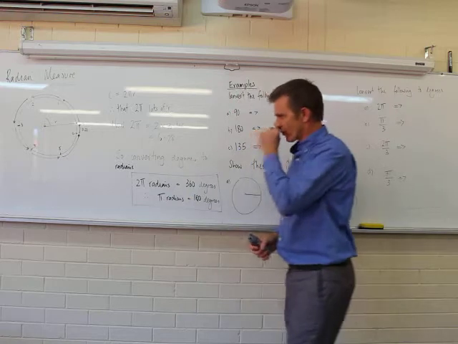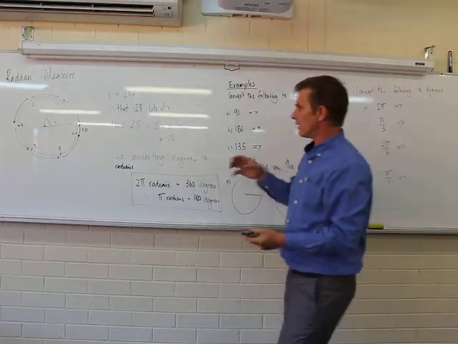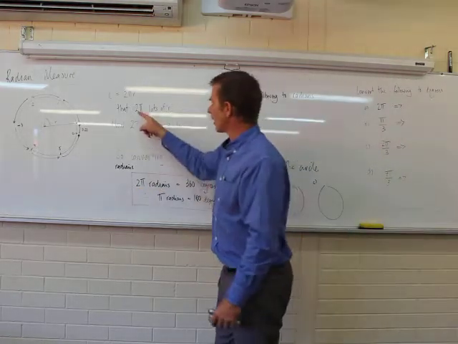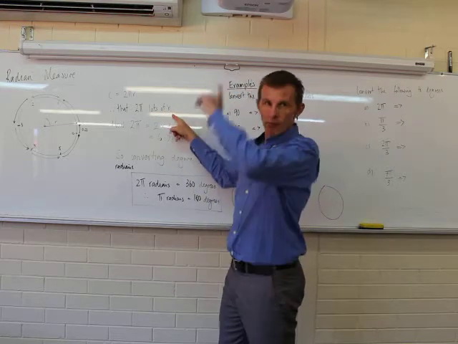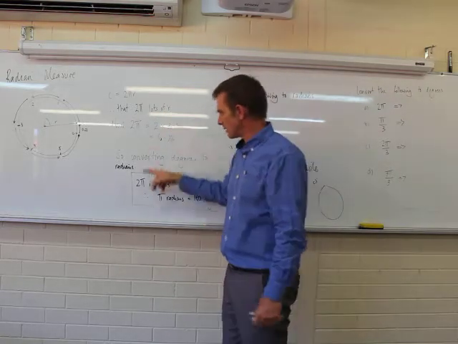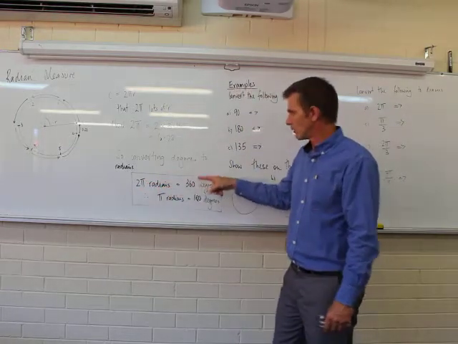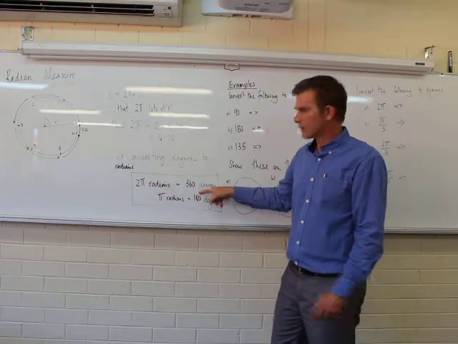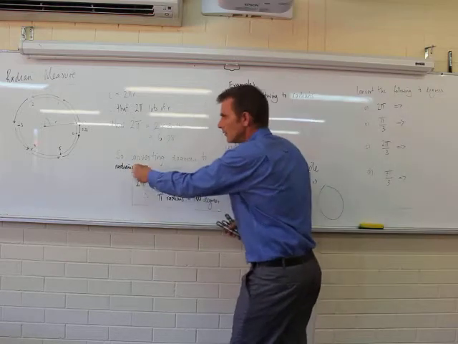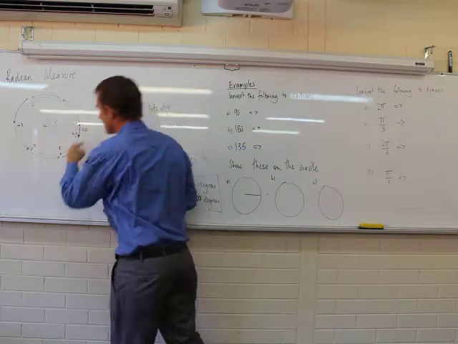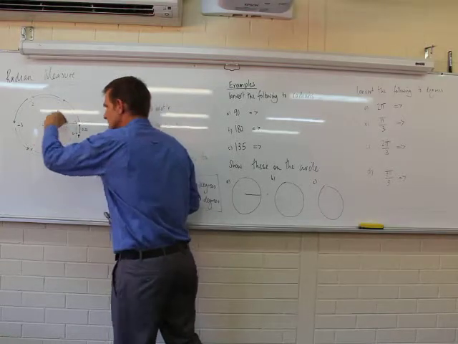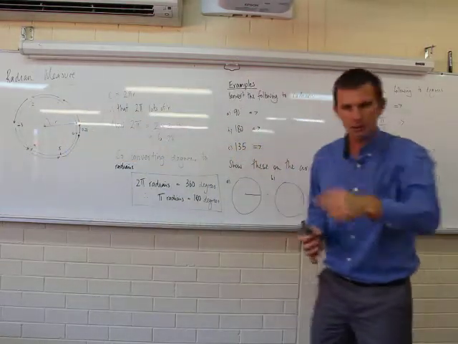So we're having a look here. Let's convert degrees into radians. Well, if we've got 2 pi lots of r going around the circle, isn't that really saying that 2 pi radians will equal 360 degrees? Because 2 pi is how many I take to get around. Well, that's the same as 360 degrees.